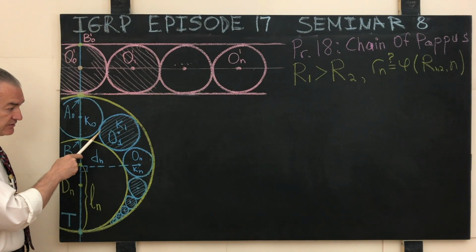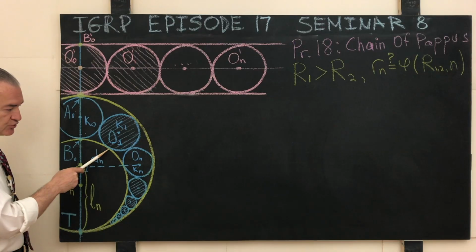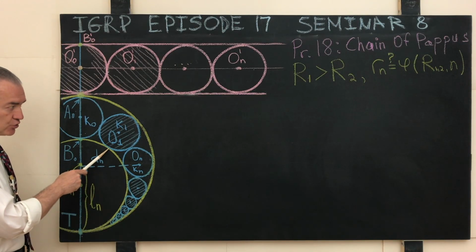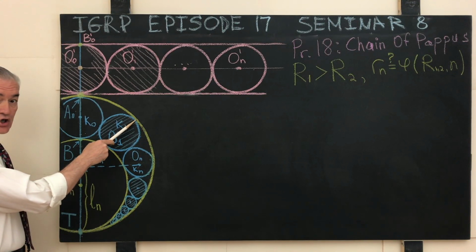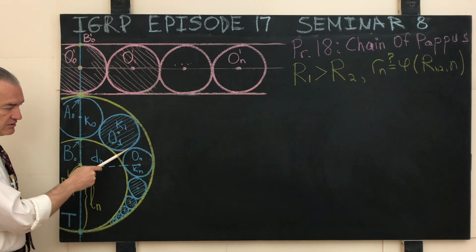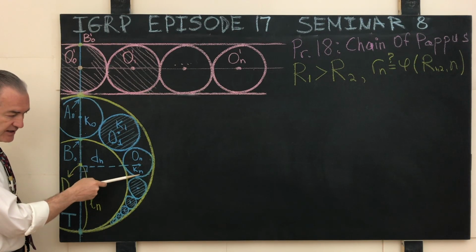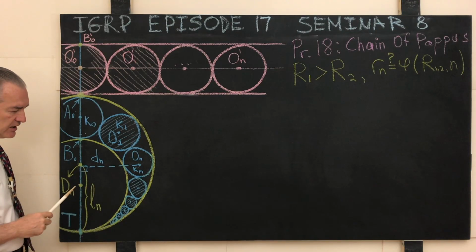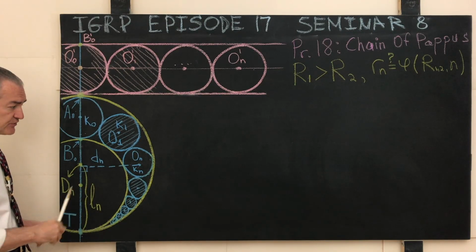externally, and then it touches the smaller generating circle, the green generating circle Q2, also externally, but it touches the larger or outer generating circle internally. And then it touches every next neighbor of that circle also externally. So in general, we have 4 points of tangency.